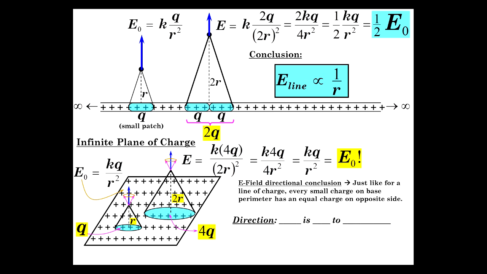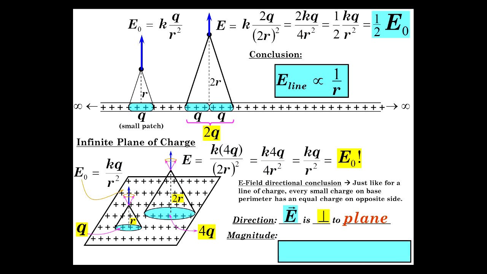which is a very satisfying and perhaps not so expected, or maybe it was expected, discovery that the E field is not only perpendicular to the plane, just like the E field was perpendicular to the line of charge, although that was radially outward everywhere, not just in one direction.